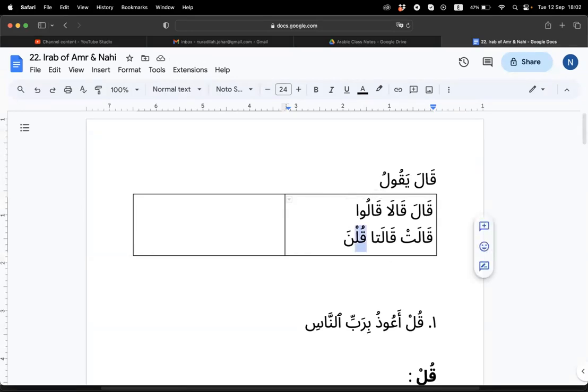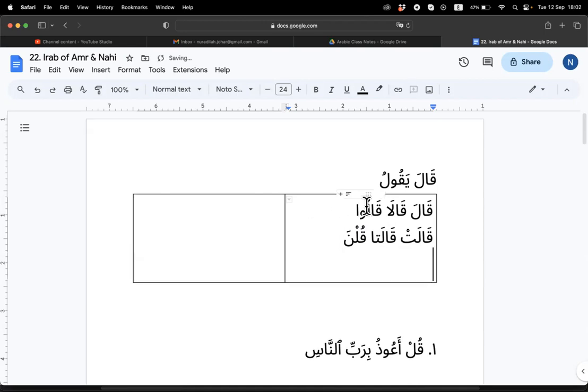So what about the anta then? Imagine nasoro, nasorota, nasoru, nasorat, nasorna, and then nasorta. Qolta.